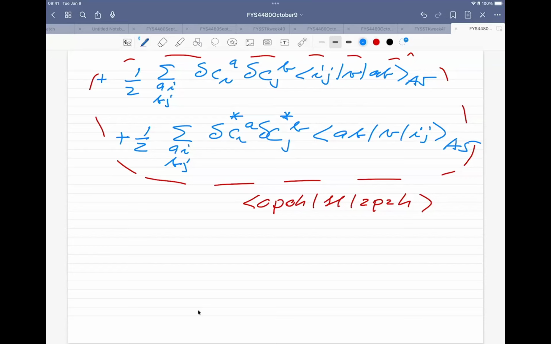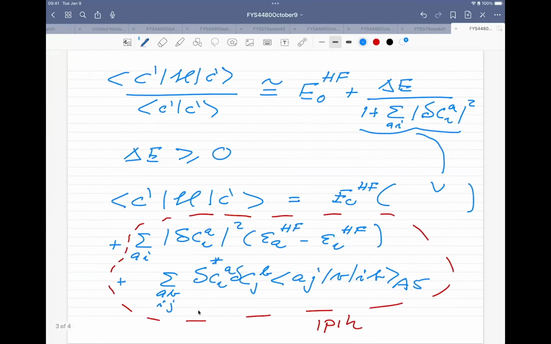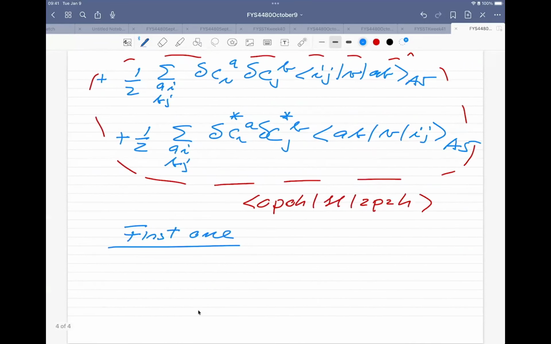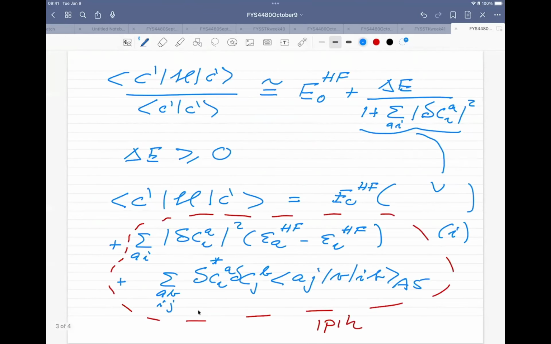So when you look at the first term, I'm going to put some numbers on them. So I'm going to call this 1. This is the first term. And then I have a 2 here and a 3. I'm going to rewrite this so that this object delta E is going to look like a matrix. Because in principle, these summations over A and B, etc., they run to infinity.